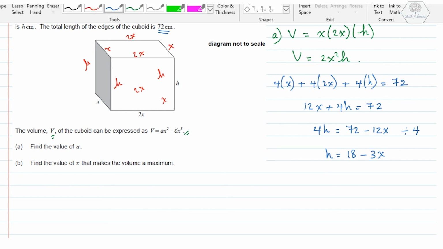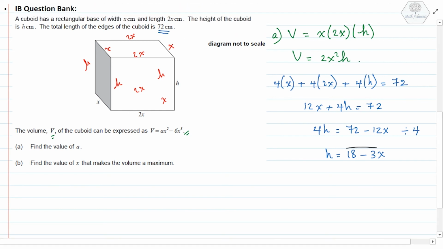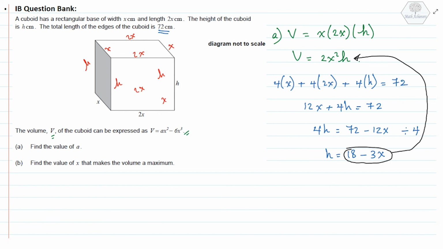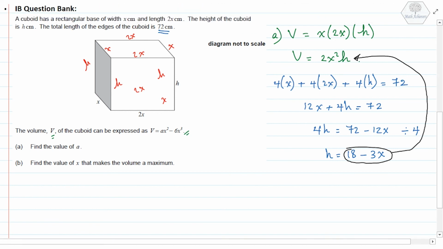Now, I take this value for h and I substitute it in the volume equation in here. So I have the volume to be equal to 2x squared times h, which I substitute 18 minus 3x instead of h.